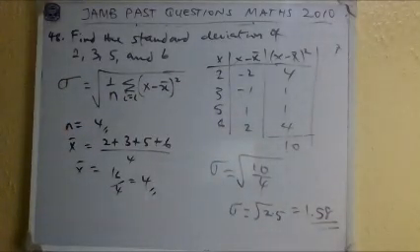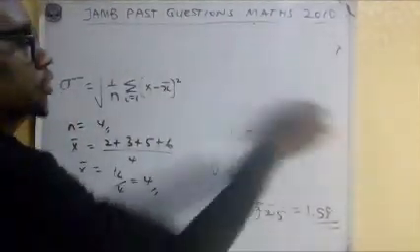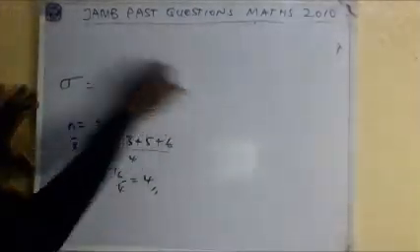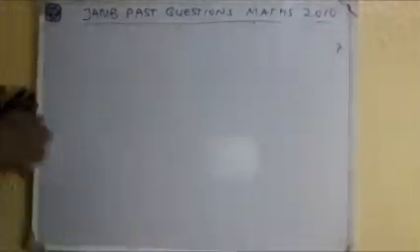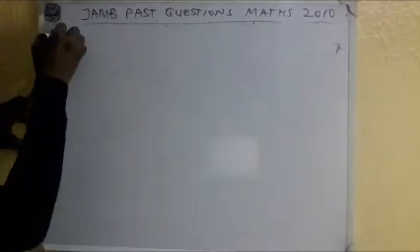Okay, now we move to question 49. It says, so this is for combination.